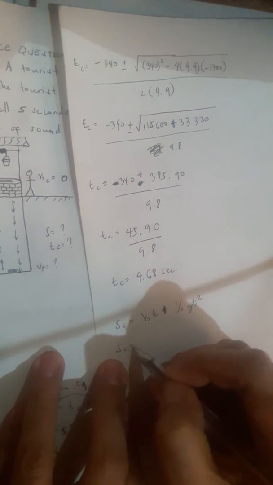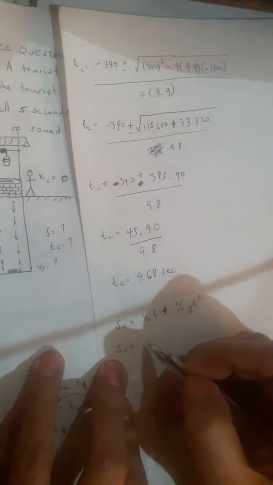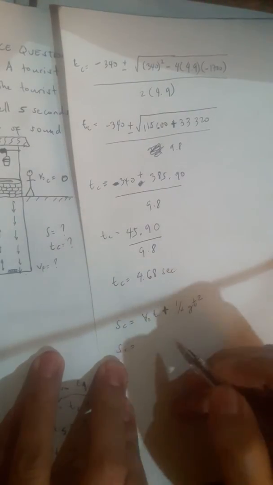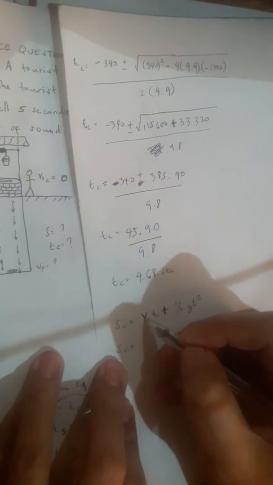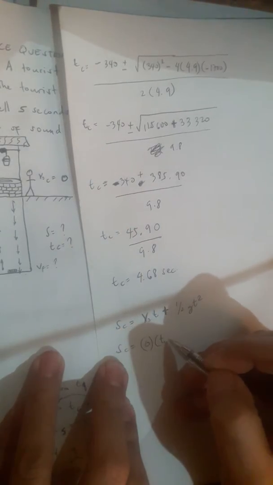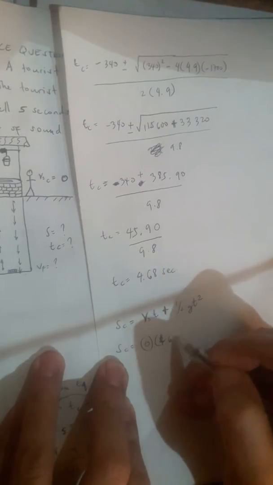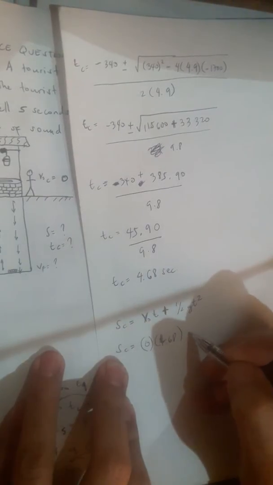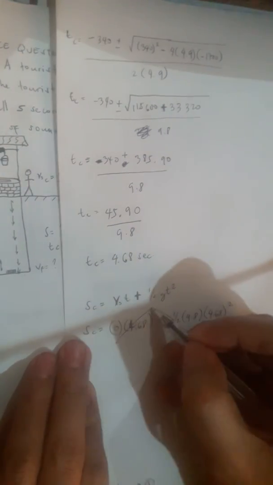S of the coin, or the depth of the well, pares lang yun, is equals to V0. V0 is wala kasi hindi siya kinimitan ng pwersa. 0 times the time, 4.68 seconds, plus 1/2 GT, which is 9.8 meters per second squared, times the time, 4.68 squared. 0 times 4.68, that will be cancelled.